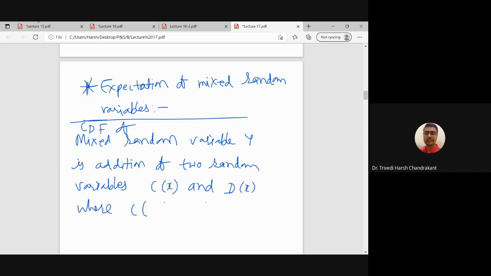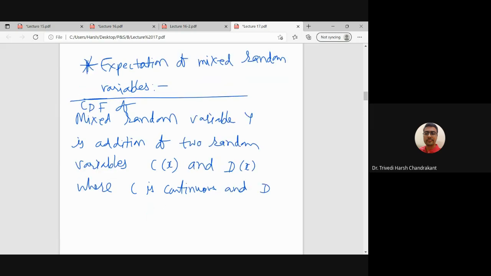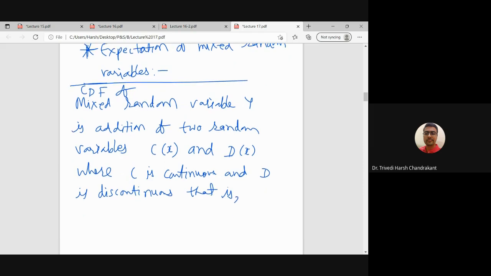What we are saying actually is that C is a continuous random variable and D is a discontinuous random variable, so this D function is discontinuous.